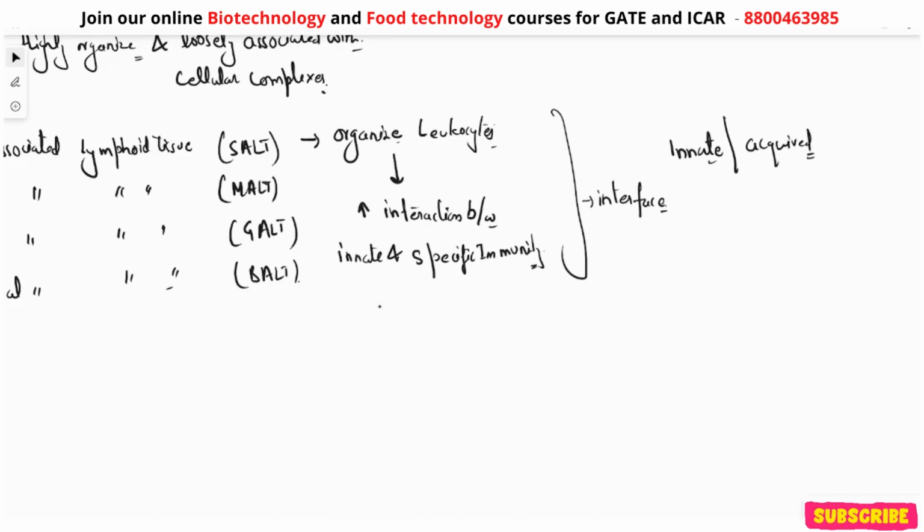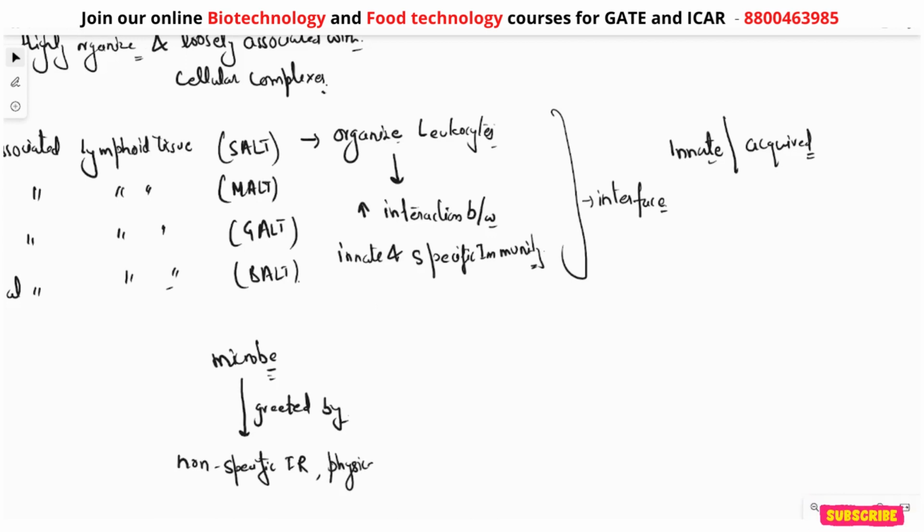So simply we say, when microbes attempt to invade a host, they are greeted first by the non-specific immune response: your physical and chemical barriers, and different types of immune cells like granulocytes and agranulocytes.